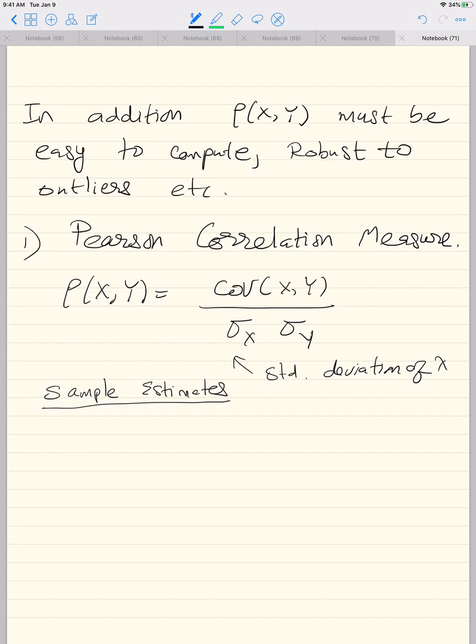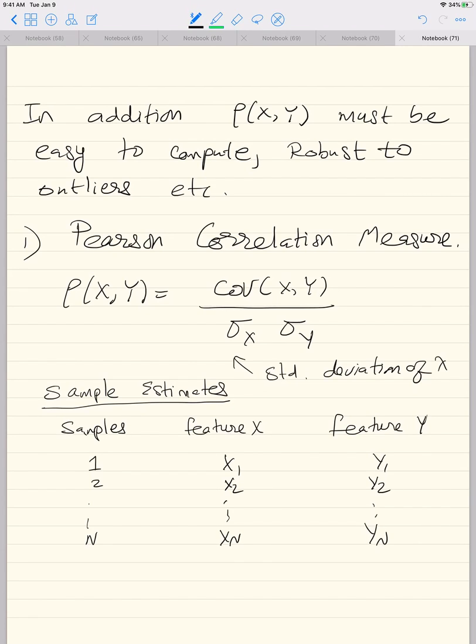So if you have, say, feature x and feature y, and you look at your samples, in the first sample the feature values are x1 and y1, then x2, y2, up to xn and yn.